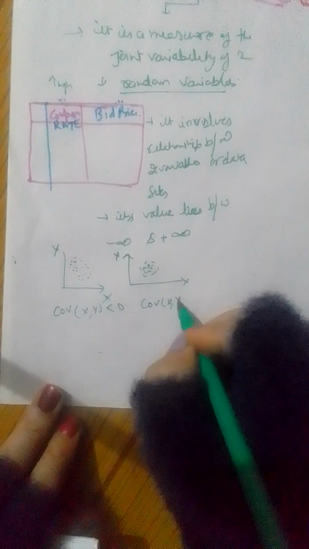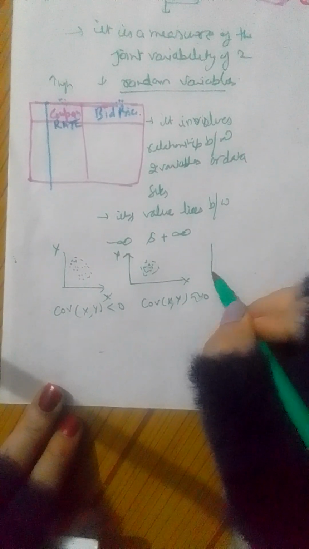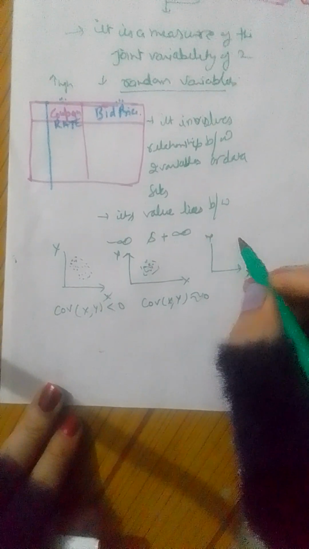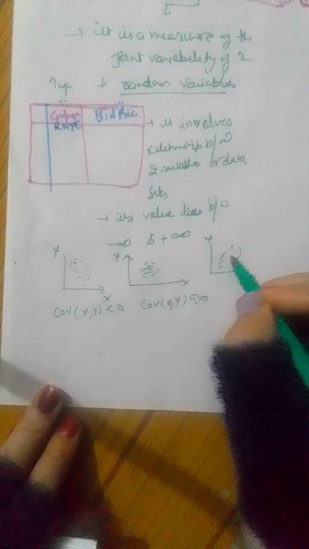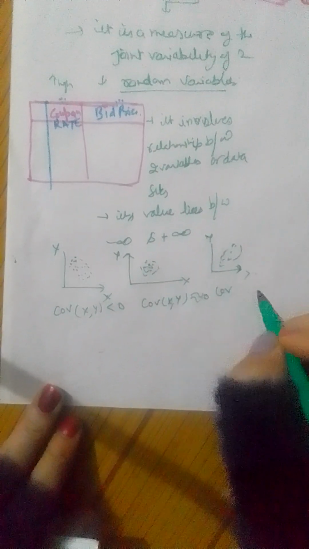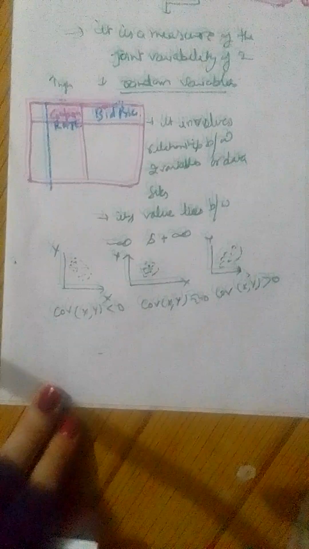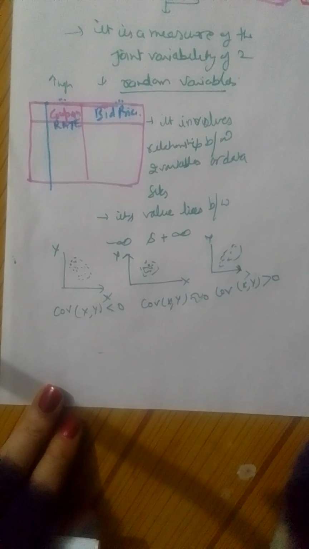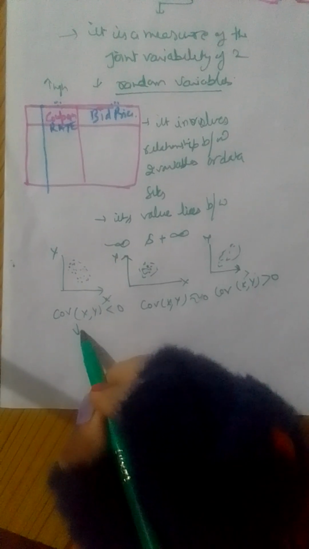Covariance of xy is nearly 0. And if the xy diagram is like this, what does that represent? Covariance of xy is greater than 0.